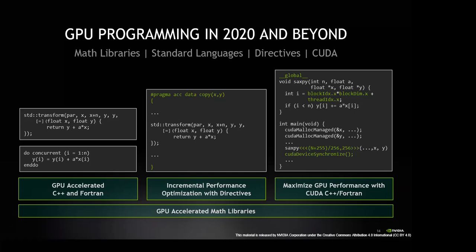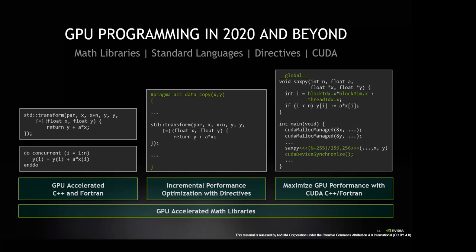So coming back to GPU programming, there are three ways to implement an application. NVIDIA's strategy is to try to stick as far as possible to language standards. As you may know, both C++ and Fortran are now implementing parallel features in the language.